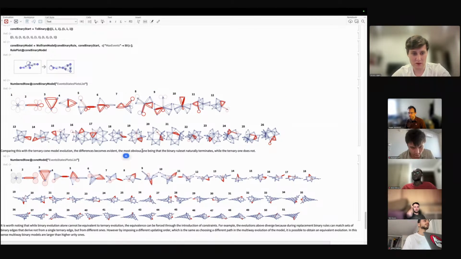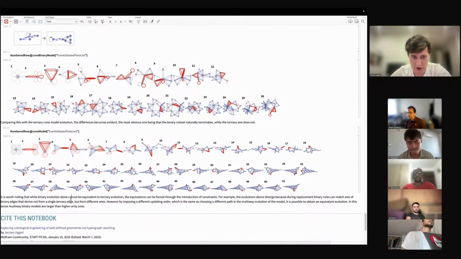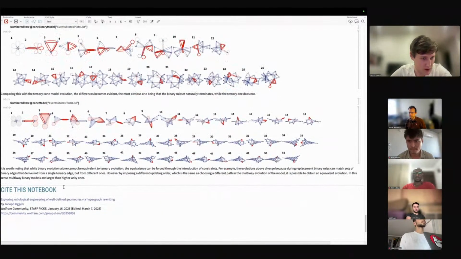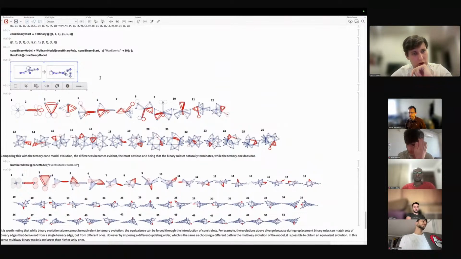So in a way, I guess you could say that the multi-way structure of binary models is larger, and it includes a lot of ternary and I suppose also higher arity models. Although maybe to get specific arities you would need the specific rules, yeah.